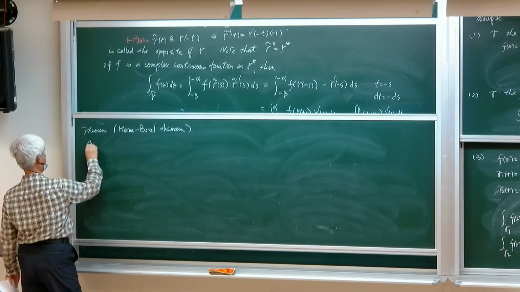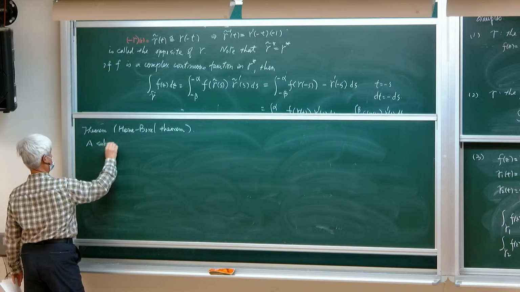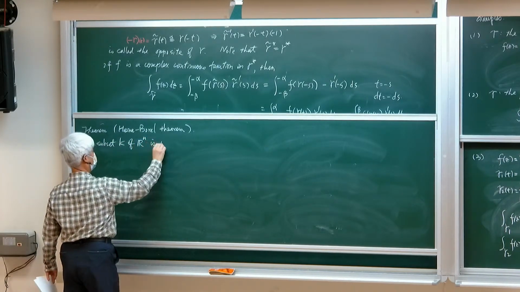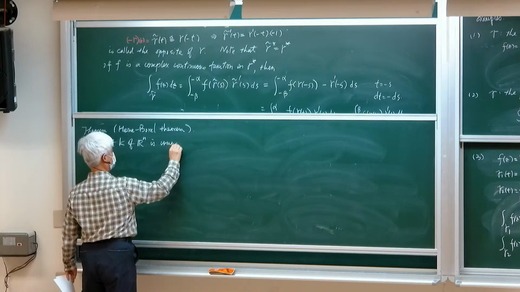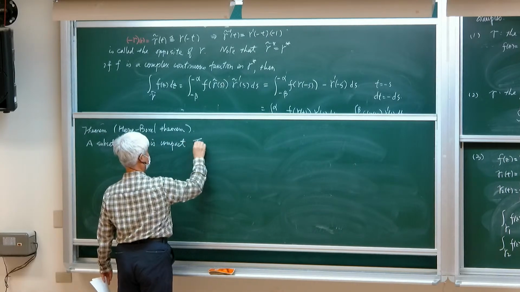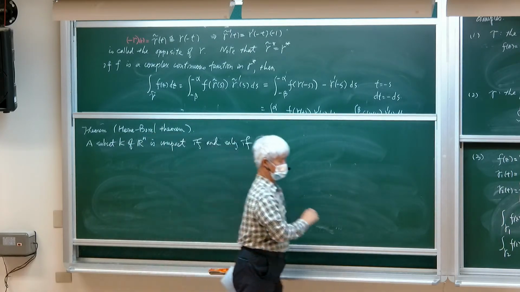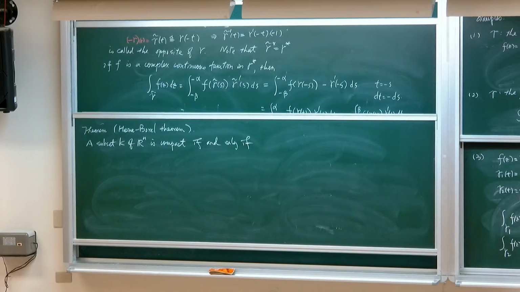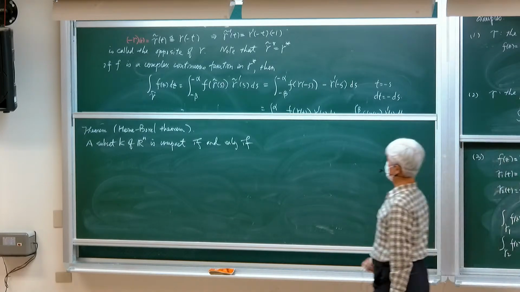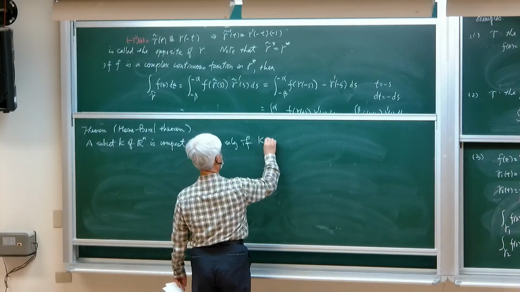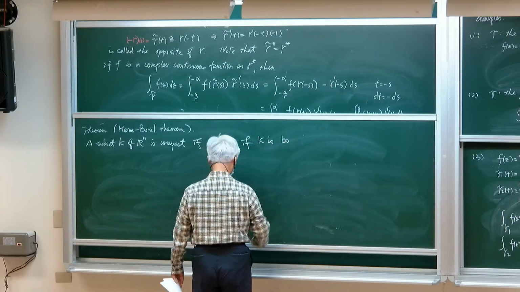A subset K of R^n is compact if and only if K is closed and bounded.